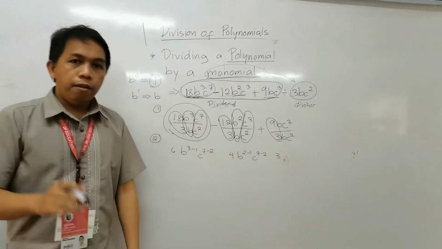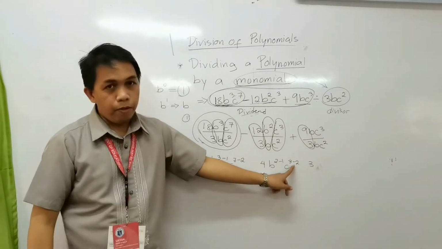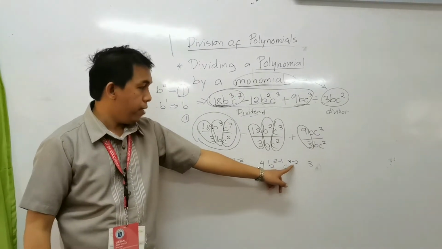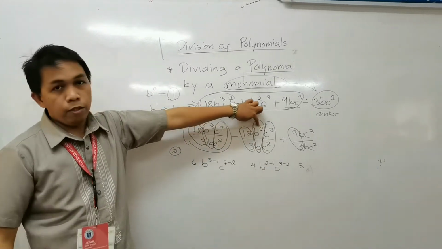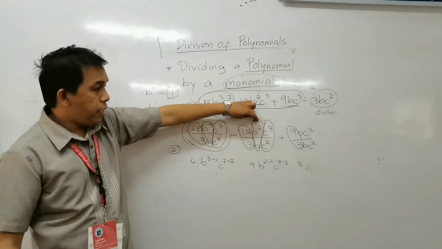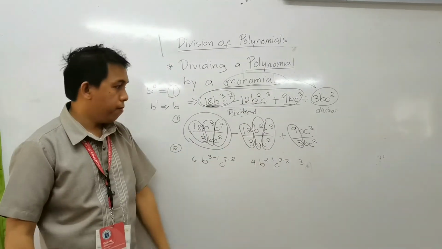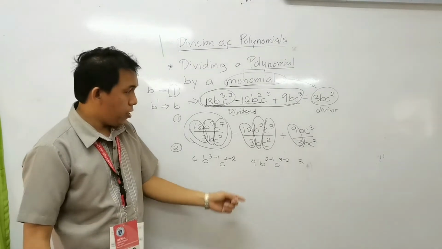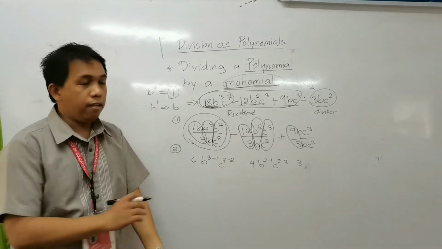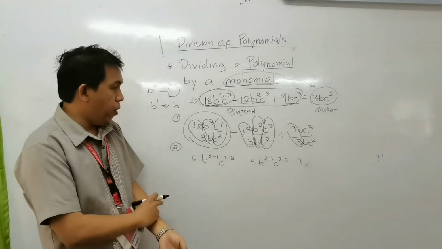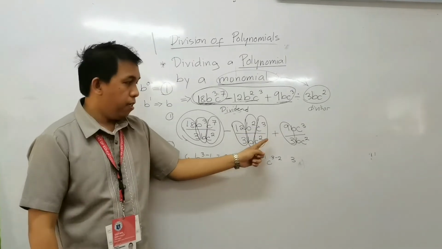Please be careful when subtracting these exponents. Make sure that the first one is found on the numerator. You cannot interchange them, because it will result in a different answer. So here we have 2 minus 1, then 3 minus 2.